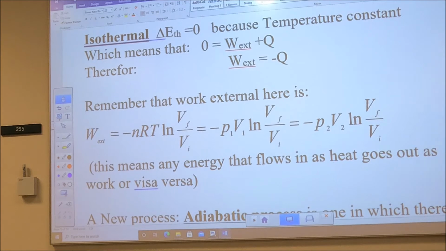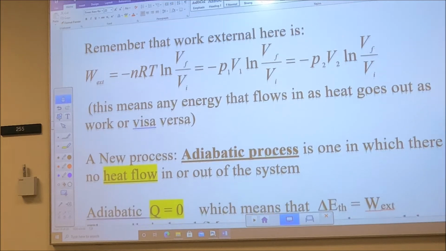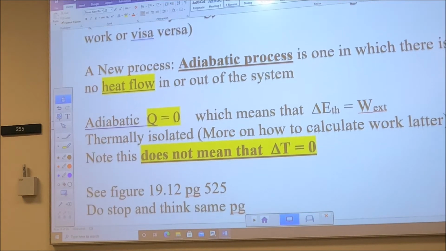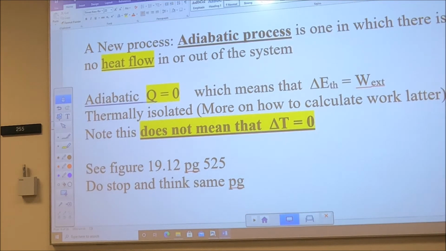Remember that for an isothermal process, work external is equal to minus nRT times the natural log of V final over V initial. And of course, there's the other ways to calculate it. Okay, and then we're going to meet a new process, called an adiabatic process.